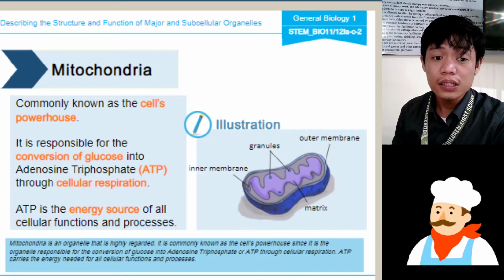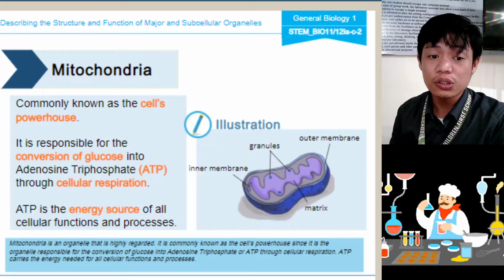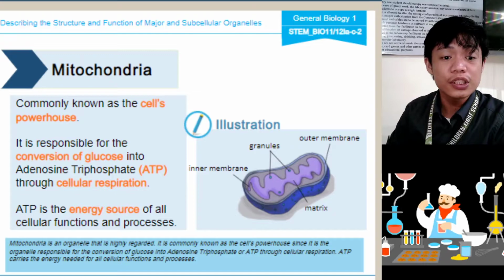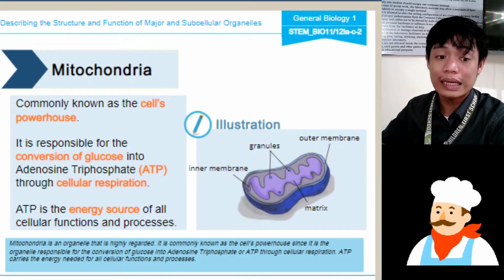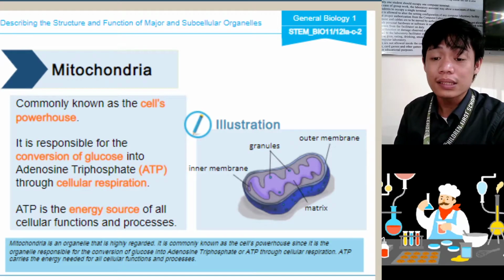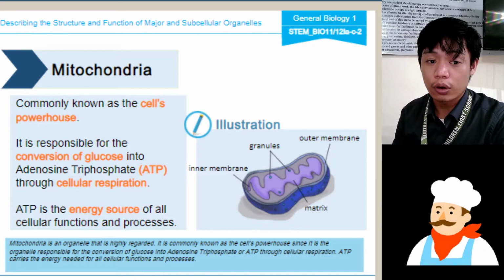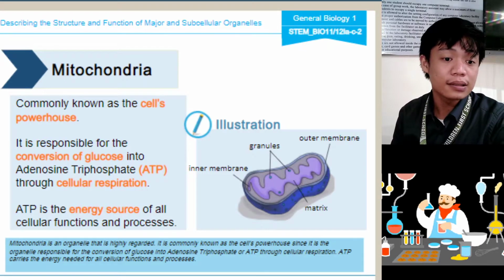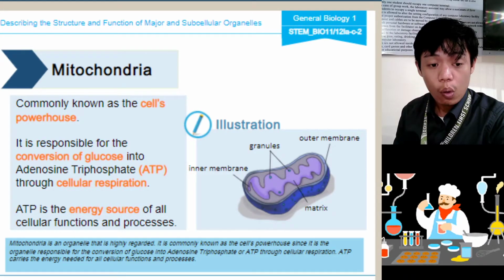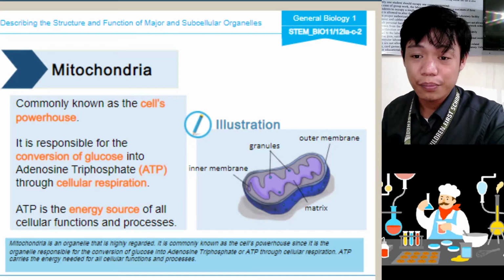Take note, class, that the mitochondria is responsible for the conversion of glucose into adenosine triphosphate or ATP through cellular respiration. Aside from that, ATP is the energy source of all the cellular functions and processes.